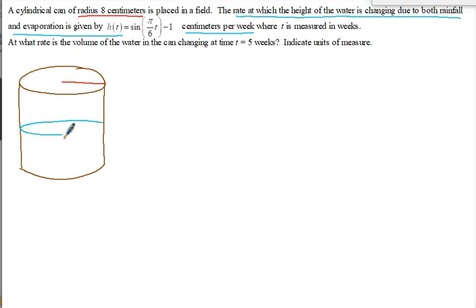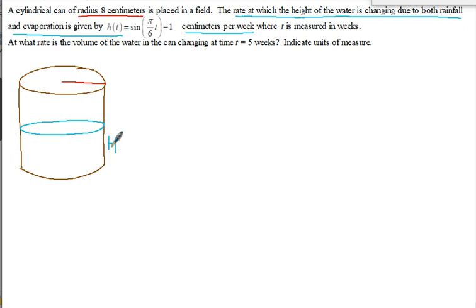So we've got some amount of water in this can here. Now here they call this h, which is centimeters per week. But it's a derivative, right? And in order to call this height h, like we normally would, I'm actually going to use capital H here to distinguish it from the lowercase h right here.